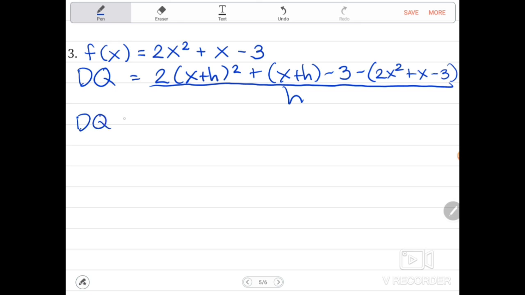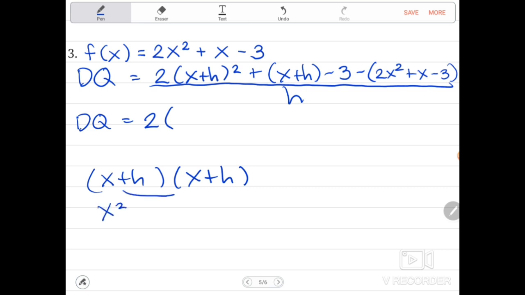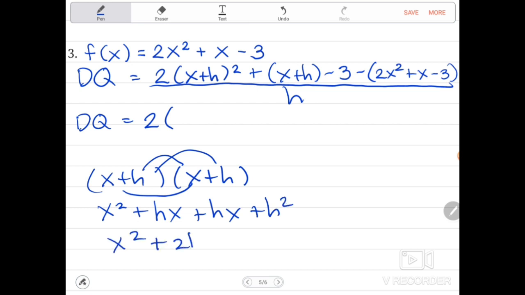Okay, so simplify. So the difference quotient is equal to 2 times, what is x plus h squared? So x plus h times x plus h. Apply the FOIL method: x squared plus xh, or sorry, that is hx, plus hx plus h squared.